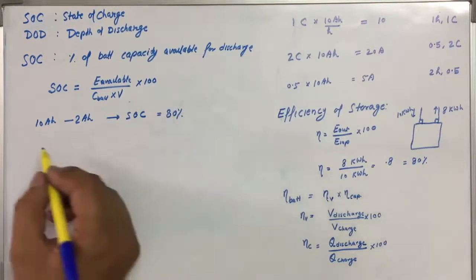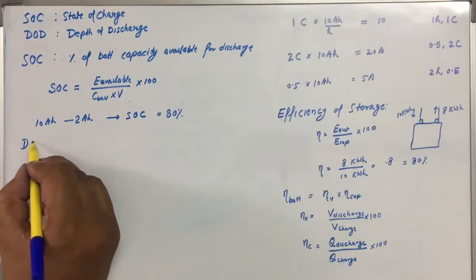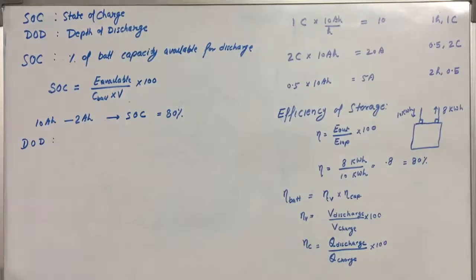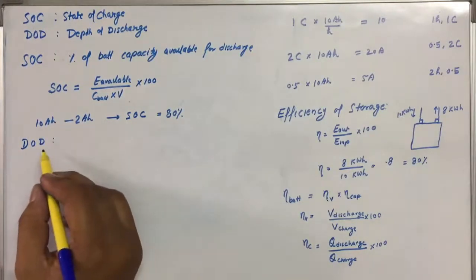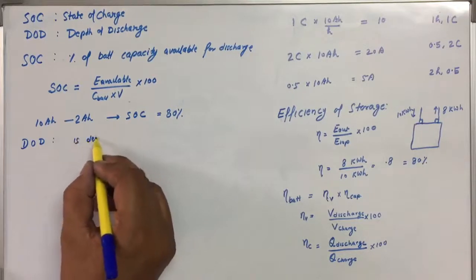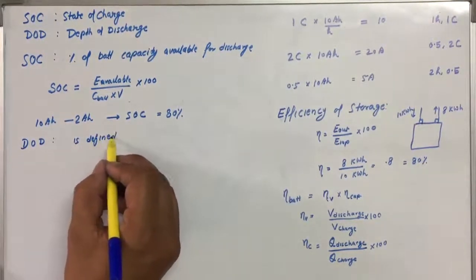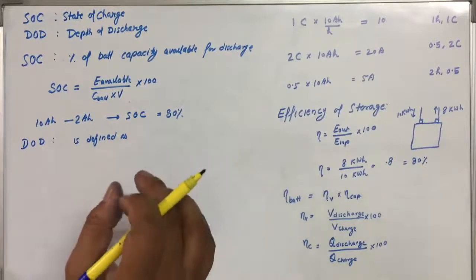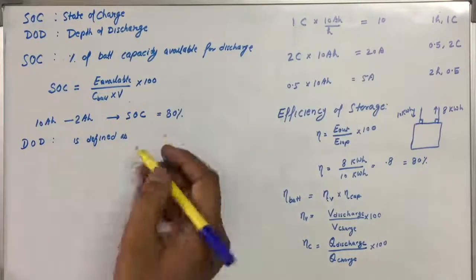Similarly, depth of discharge is defined as the percentage of battery capacity that has been discharged.